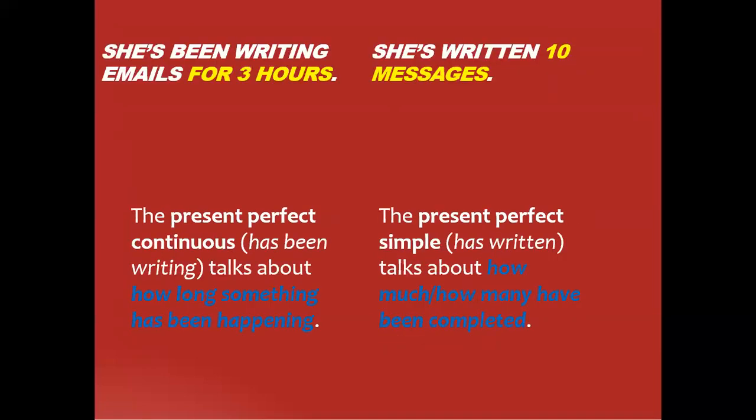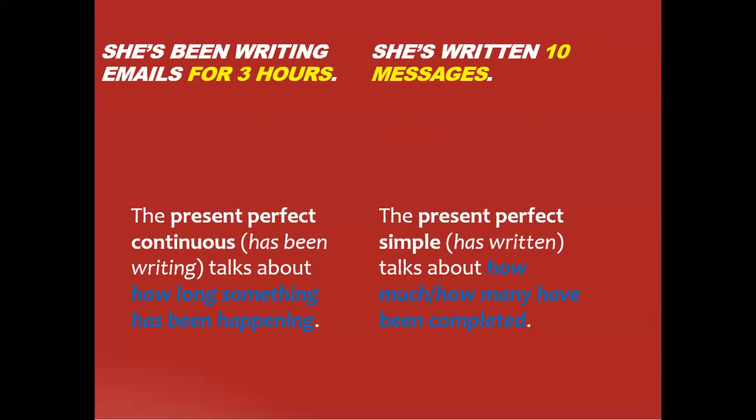She's been writing emails for 3 hours and she's written 10 messages. What is the difference between the two examples? She's been writing emails for 3 hours. This sentence is written in present perfect continuous. So the present perfect continuous, has been writing, talks about how long something has been happening.